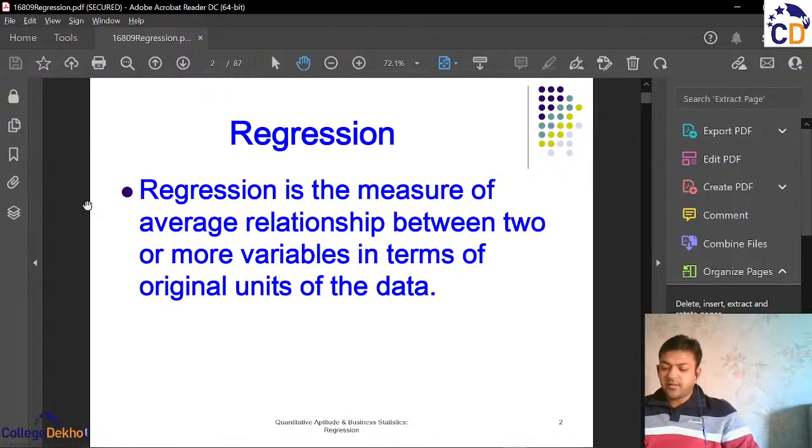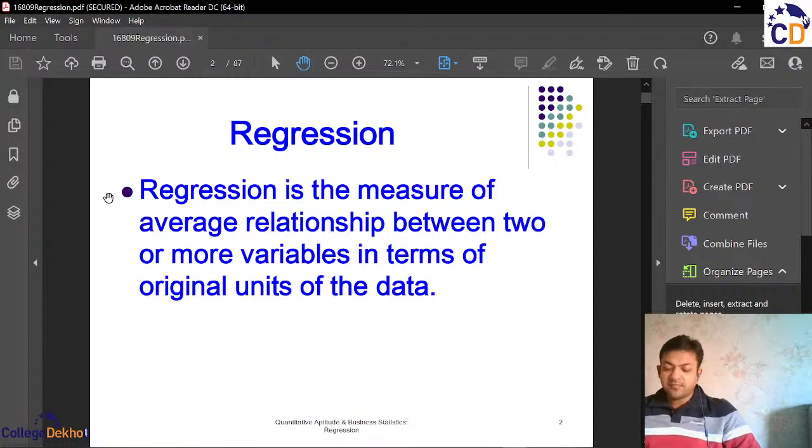Today we'll be starting the topic on regression. Last session we did the topic of correlation. So today we'll be discussing the concept of regression. Regression basically indicates how much two quantities are correlated to each other.